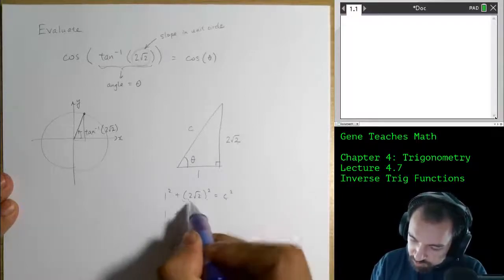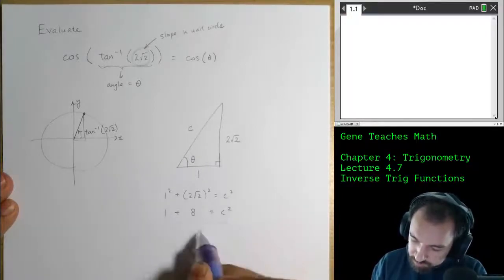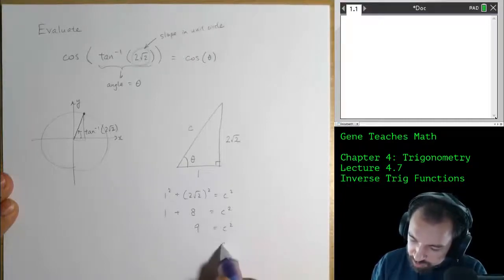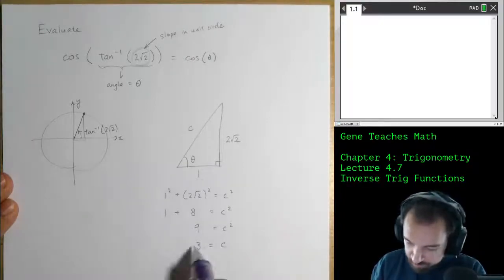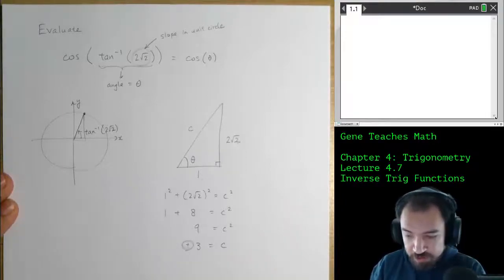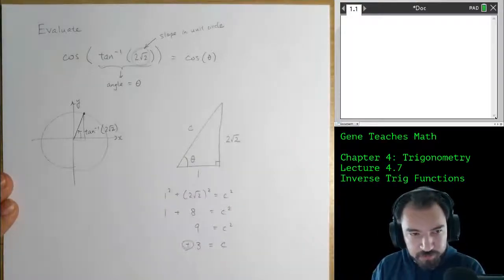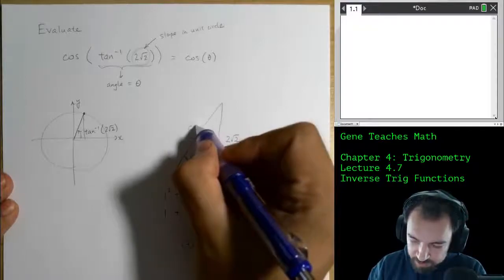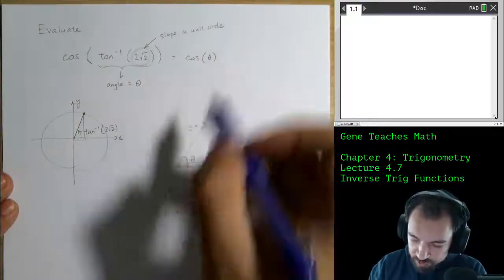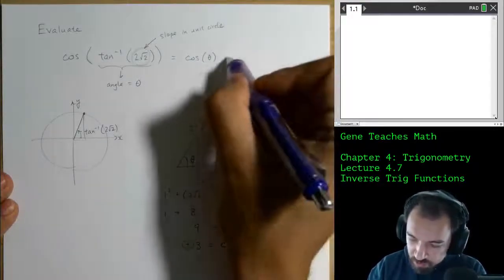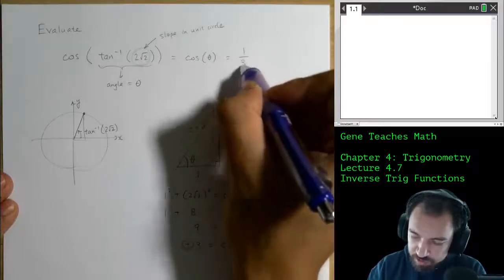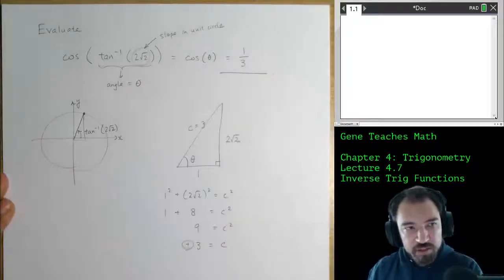That's 1 plus, that will be 8. So 9 equals c squared. And I'm going to take the positive, because I can put plus or minus, but really accept the positive one, because the hypotenuse has to be a positive length. So once I have c equals 3, I would have cosine of theta is adjacent over hypotenuse, 1/3. And this is the answer.